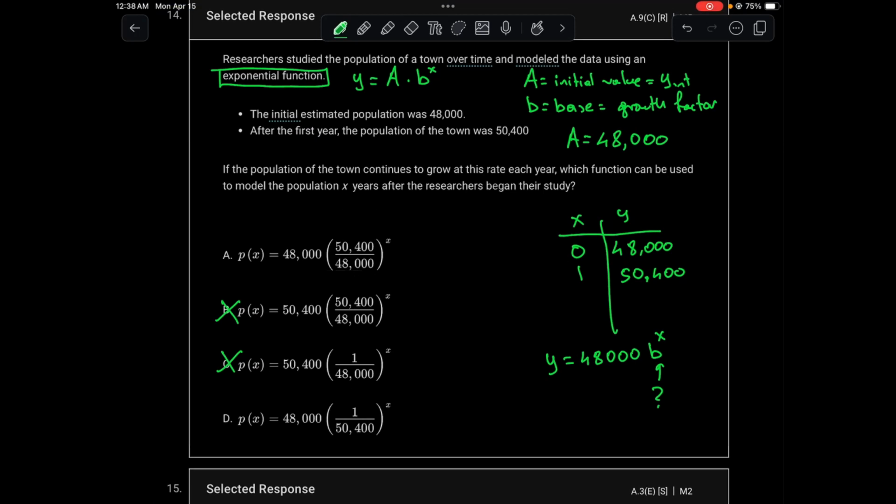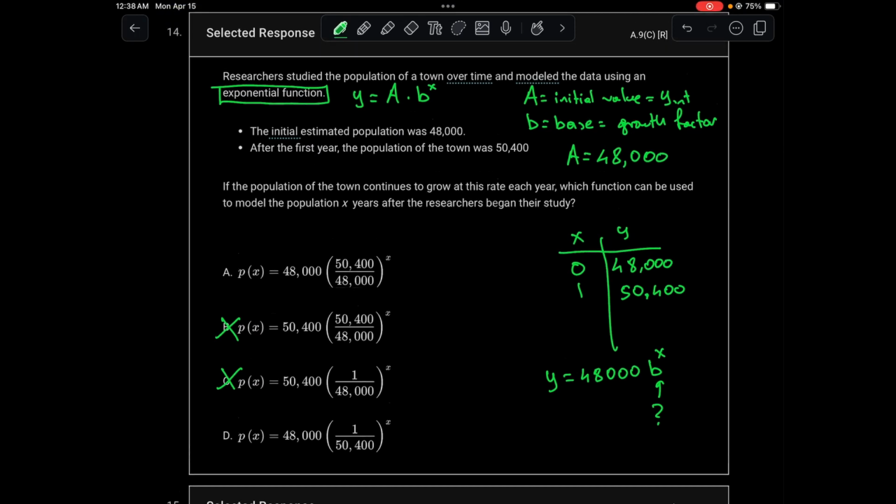Another thing that is not stated exactly is that it's going up, so it is increasing. Increasing means that the base is greater than 1. Obviously, if you multiply with something that's greater than 1, it's going to increase. Otherwise, if it's less than 1, it's going to go down.